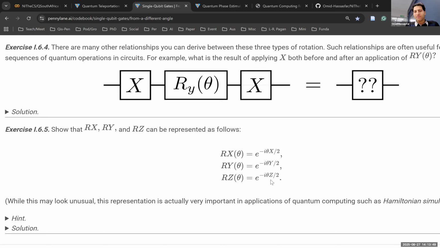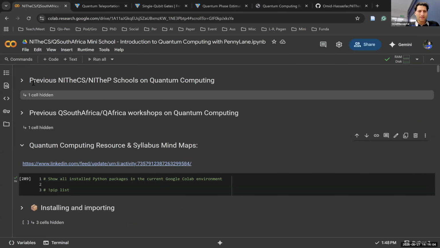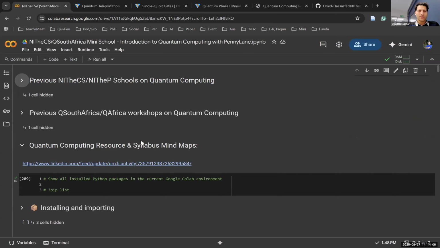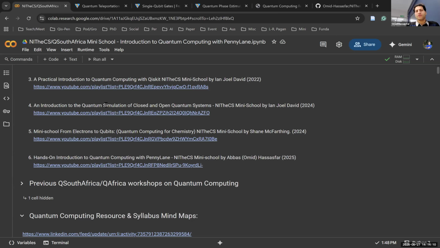Why is it important? Because after you learn the basic concepts in quantum computing, if you go to more advanced topics, we had one specific school related to an introduction to quantum simulation of closed and open quantum systems.